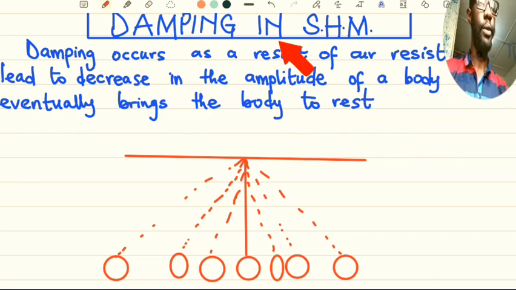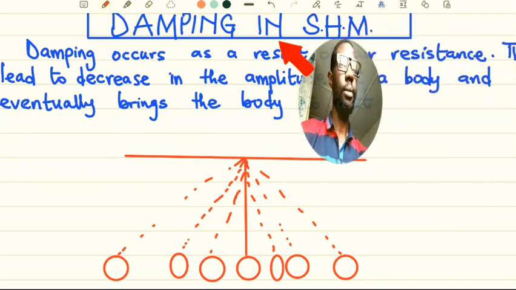So that is a brief diagram for damping. Alright, so that is damping. So we stop here.